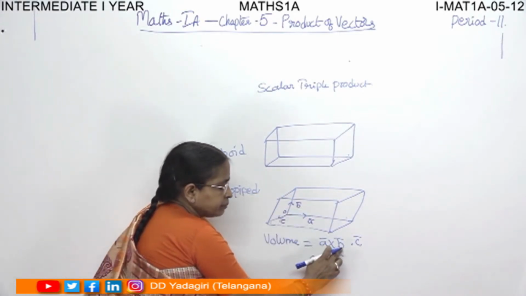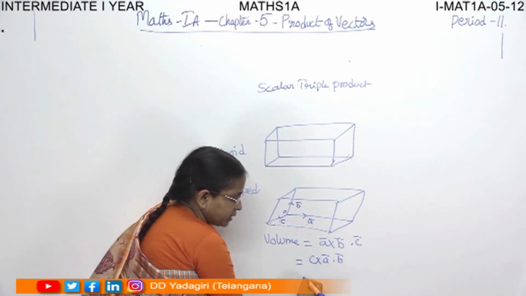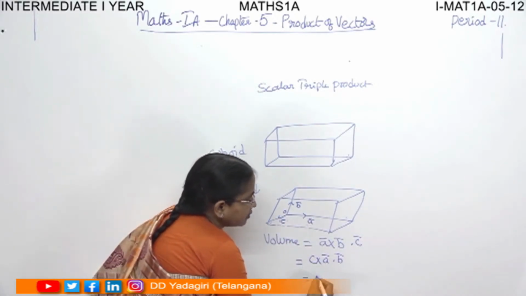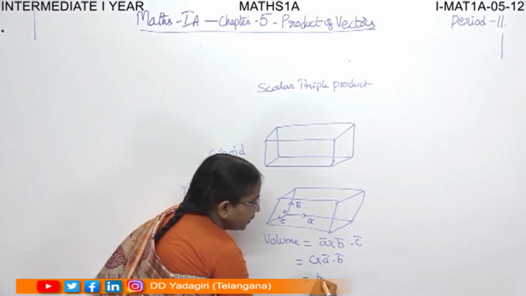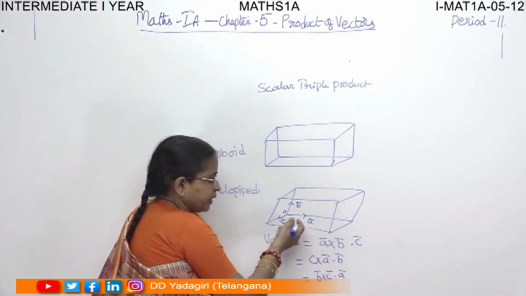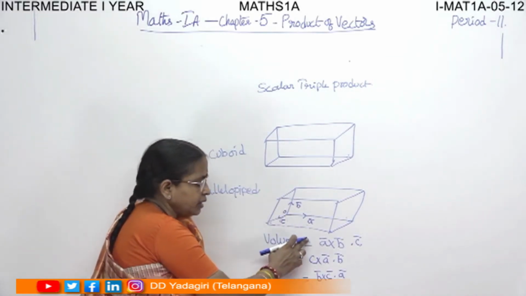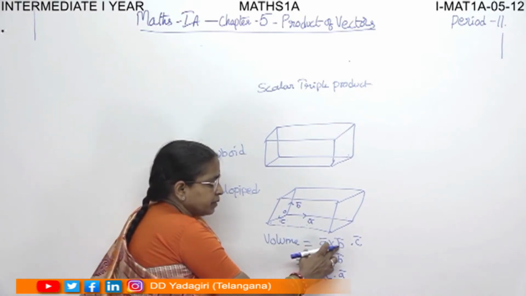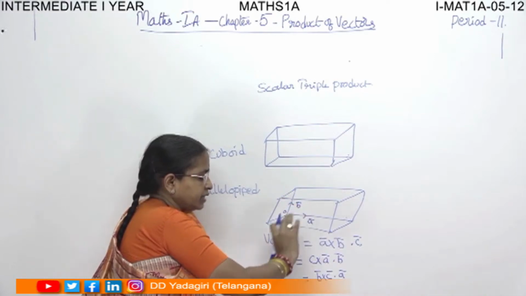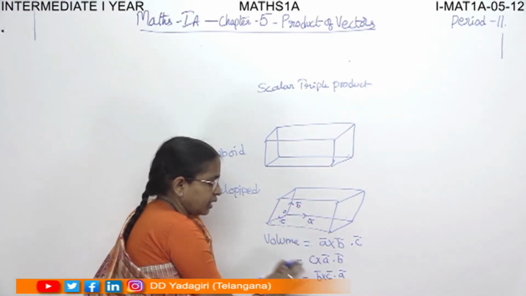So A cross B dot C is the same as C cross A dot B. Suppose again I change the sides, then it becomes B cross C dot A. Then the volume of the parallelepiped will be the same, since it is the same parallelepiped. When you change the sides, the volume formula will become like this. So that means all these three are equal.